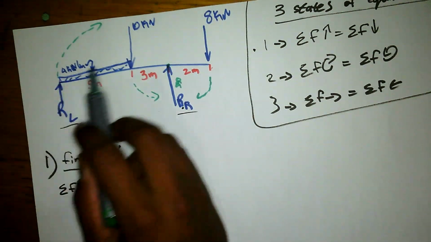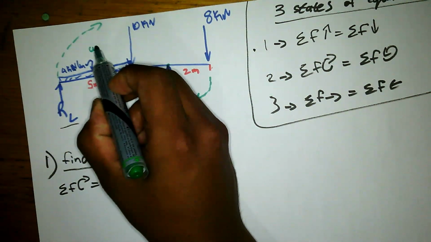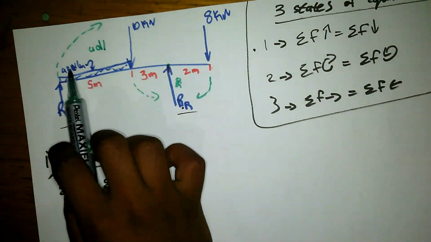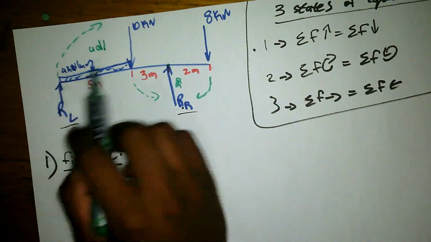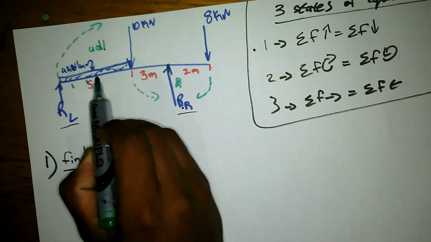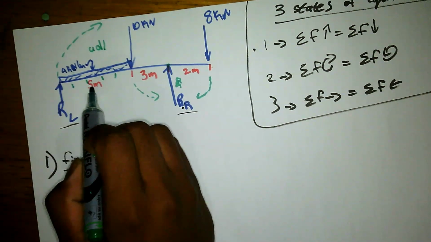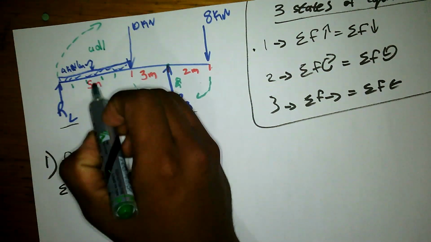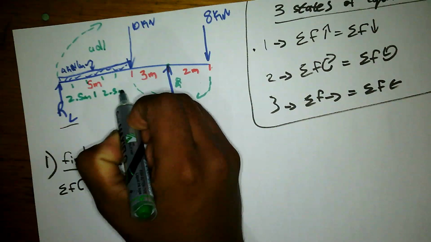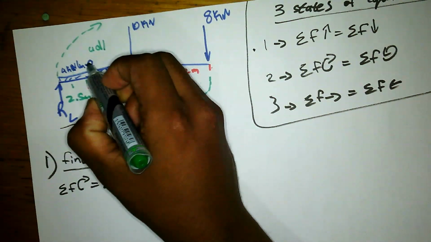And then we also have a UDL. A UDL is a uniformly distributed load. So 4 kilonewtons per meter across 5 meters. So it's 4 across each of the meters to make 5 meters. So 4 times 5 gives us, in the very center, a point load.